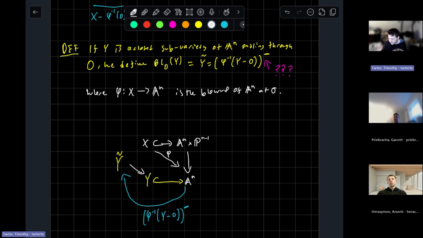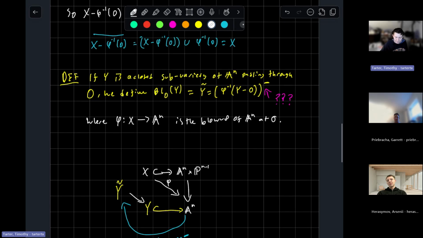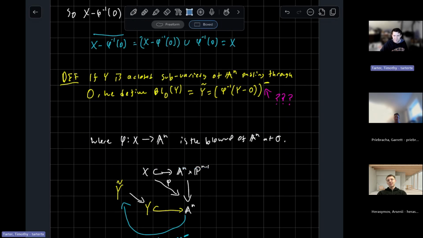Nope, not inverse. This is a Zariski closure. I'm glad I checked that. Zariski closure. Never would have guessed that.